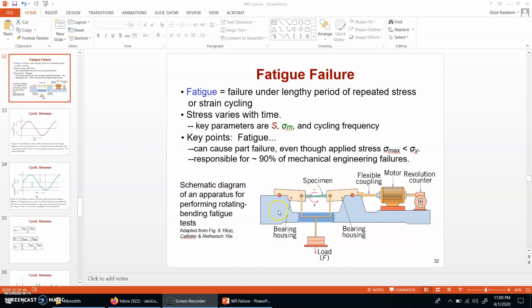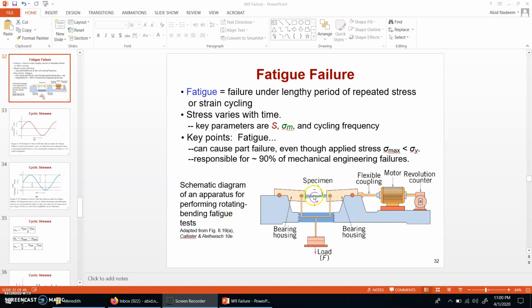So this is the schematic diagram for an apparatus for performing the rotating bending fatigue test. A fatigue test can be performed for pure tensile and compressive cycles as well, but it is easier to perform a bending fatigue test.